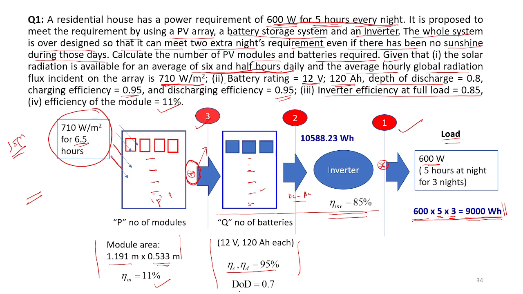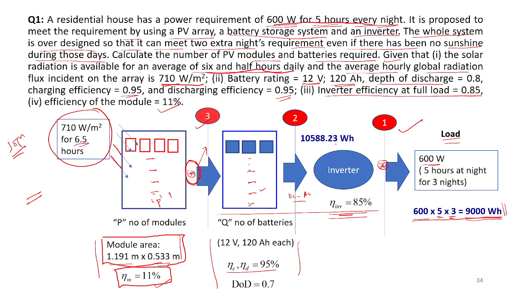Depth of discharge is given. Charging and discharging efficiency is given, which is 95%. Inverter efficiency at full load is also given. Efficiency of each module is also given, and the module area is given. So these are all the given parameters in the question.